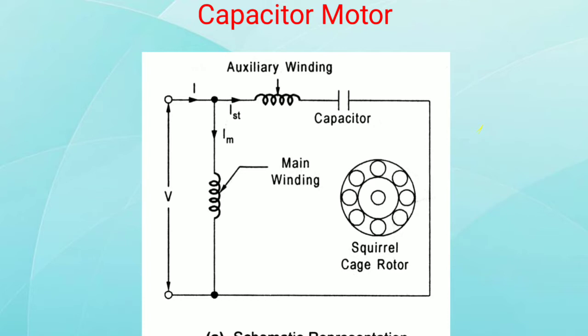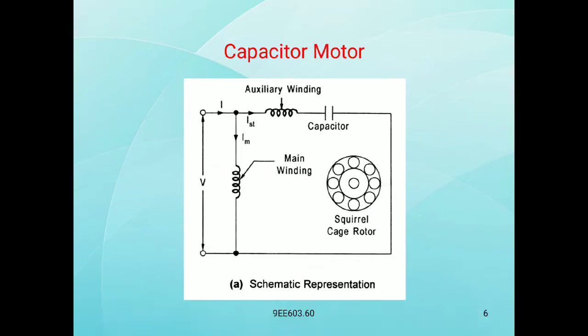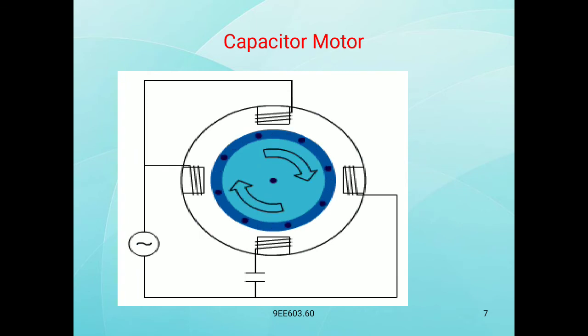The supply voltage is V, the starting current is Ist, the main current is Im, and the resultant current is I. This is the supply voltage V, capacitor C, and squirrel cage rotor. This is a schematic representation.